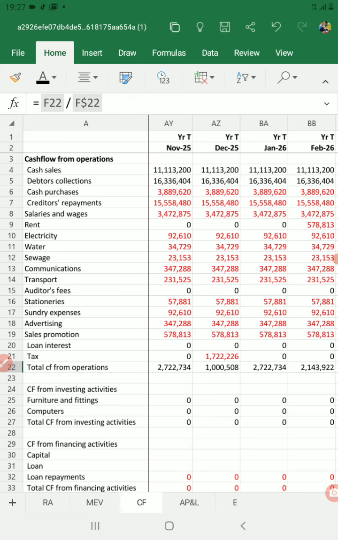Okay, and it is really an astonishing thing for a banker to accept a presentation of projection only based on cash, because, as you have seen in these tutorials, there is a direct relationship between one financial statement and the other, okay?